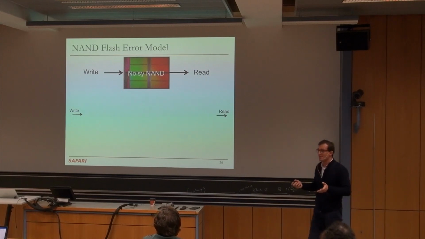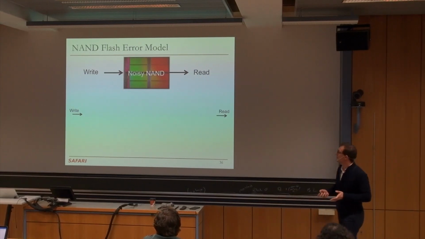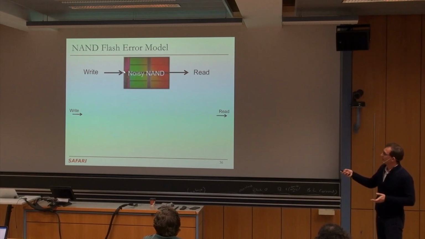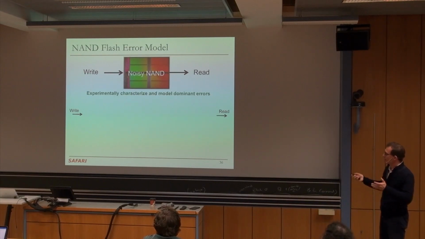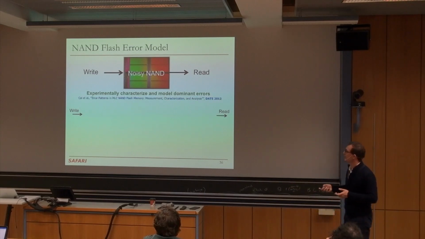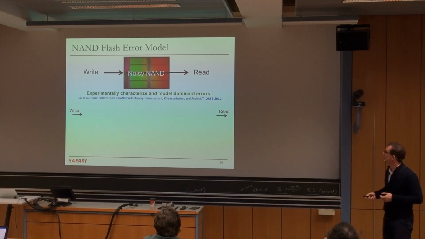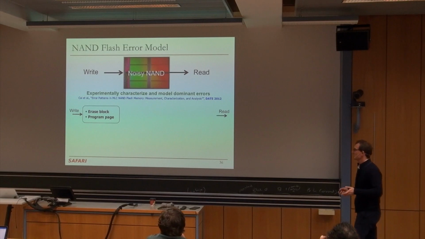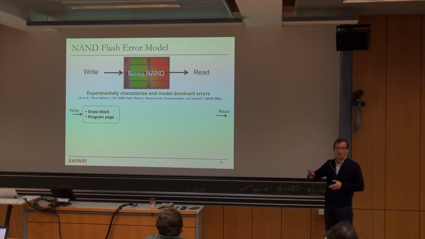Let's take a look at what happens to a flash cell over its lifetime. First of all, you write into it. What we wanted to do was to experiment to characterize and model the dominant errors. So what are those dominant errors? This is the first paper that I'm going to describe, which was published in 2012. So you write to the cell. What does that mean? You need to erase a block at some point. You need to program the page.